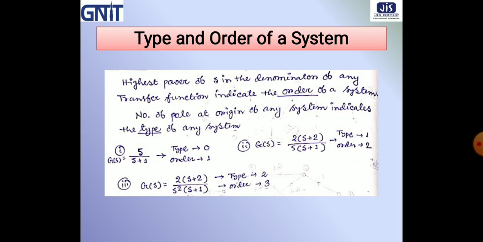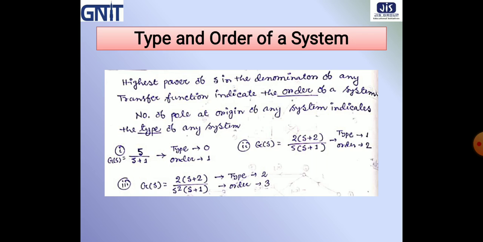Now what is type? The number of poles at the origin of any system indicates the type of a system. If we consider this, there is only one pole, and that is at s = -1. So there are no poles at s = 0.